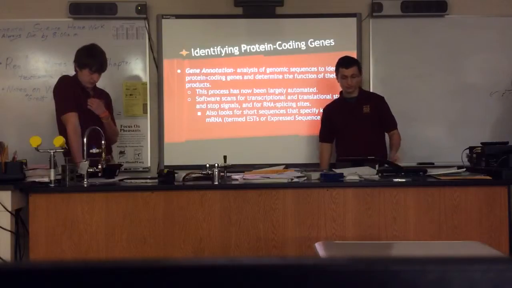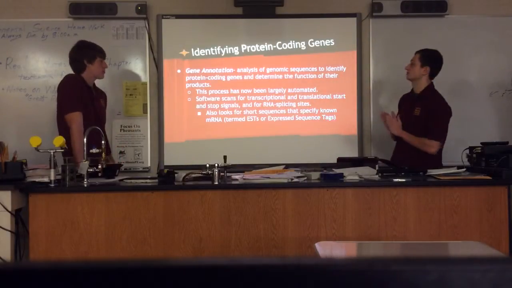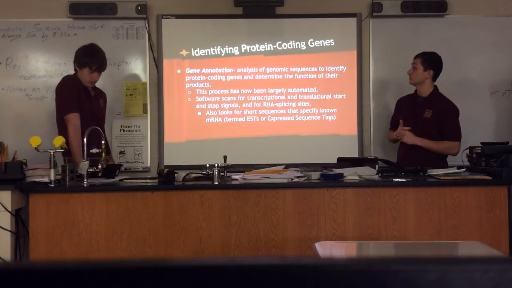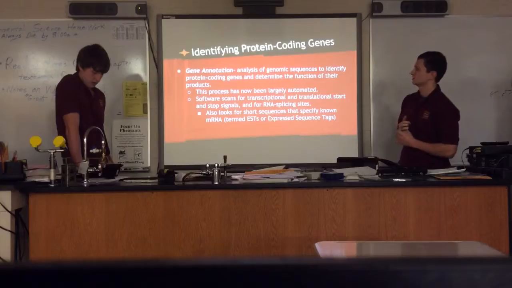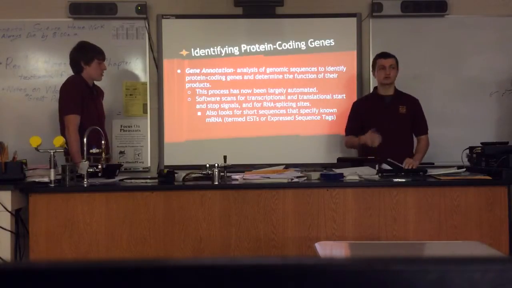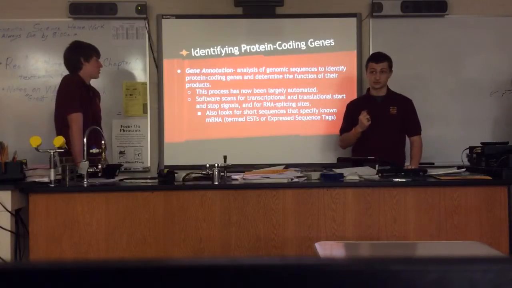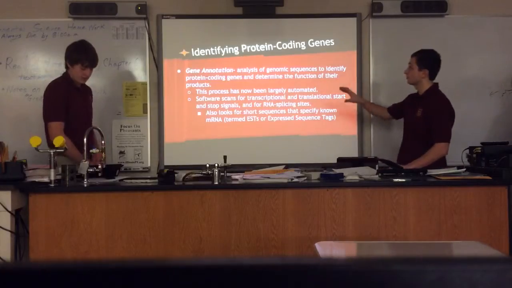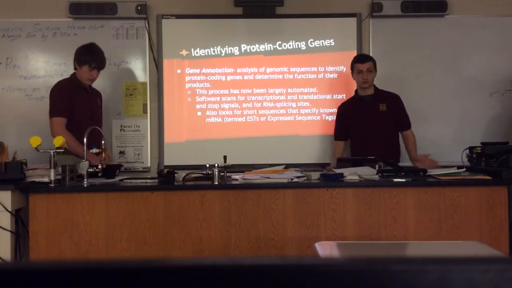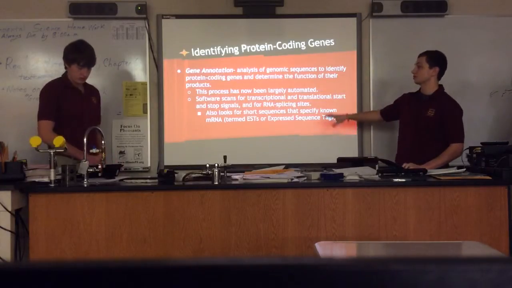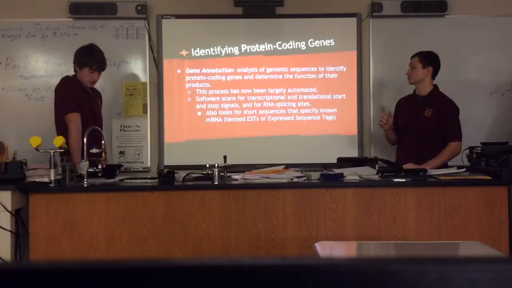Alright, so to identify protein coding genes, there is gene annotation, the analysis of genomic sequences to identify protein coding genes and determine the function of the product. Now what does this mean exactly in layman's terms? Well, what do the scientists do with these long stretches of DNA sequences? Basically they're trying to identify all of the protein coding genes and their functions. That's their main goal. So the computer scans for transcriptional and translational start and stop signals and RNA splicing sites.